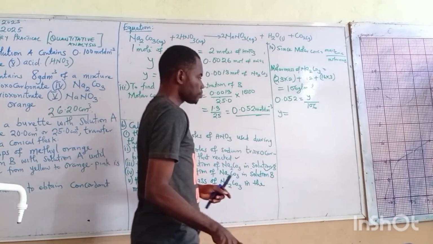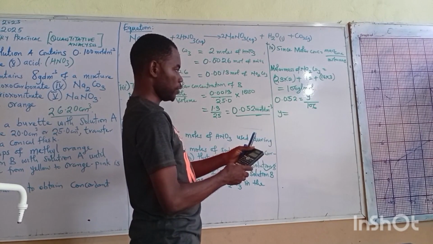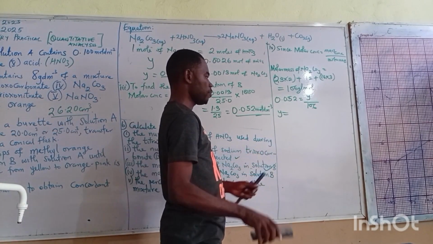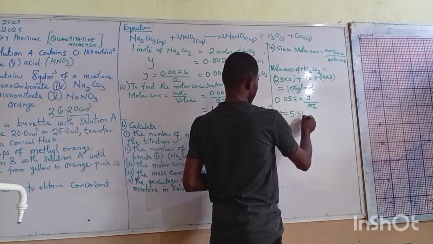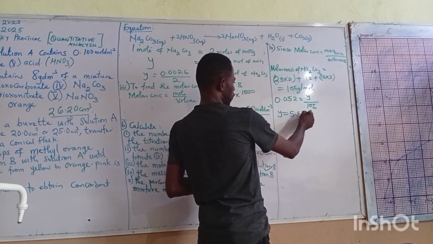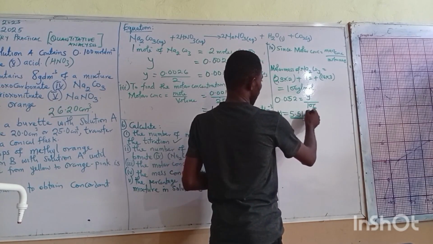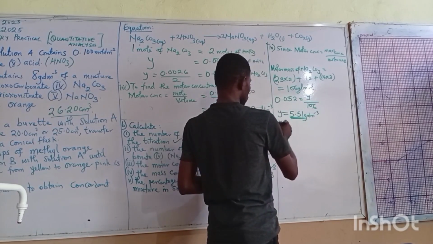My calculator is here. 0.052 times 106, I'm having 5.151 grams per what? Per dm cube. That is my mass concentration.